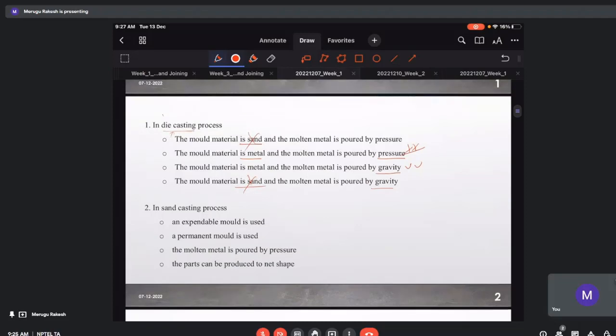Okay. So next question, in sand casting. In general in sand casting, an expendable mold is used. Correct. A permanent mold is used, which is wrong. The molten metal is poured with pressure. No. The parts can be produced to net shape.